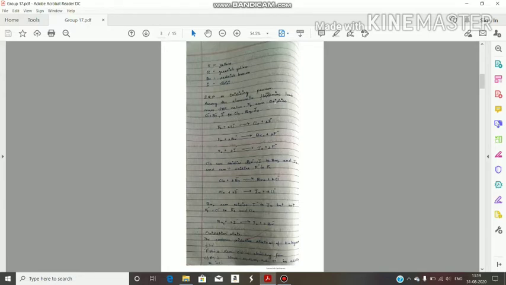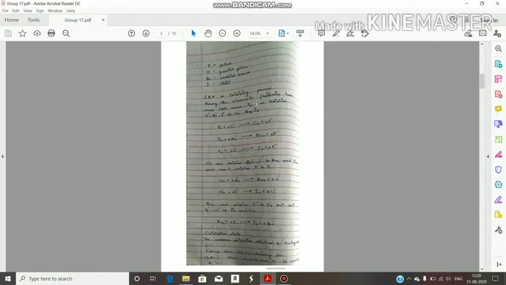Among the elements, fluorine has the highest SRP value, so it has more oxidizing power than any other element in the periodic table. So F2 can oxidize Cl minus, Br minus, and iodide to Cl2, Br2, and I2.